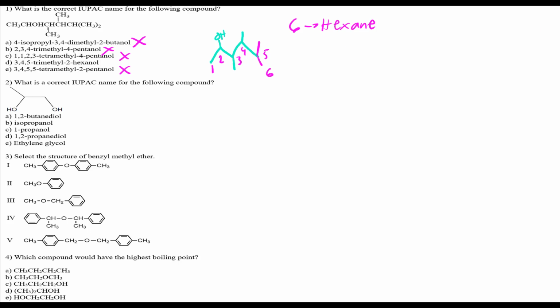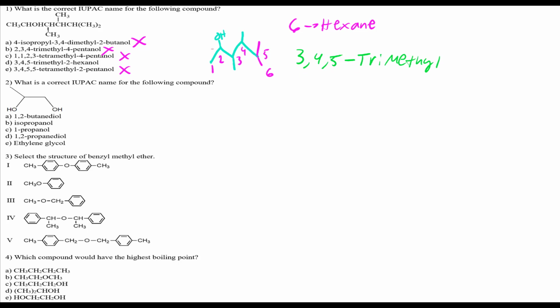So we can say that we have a methyl on 3, a methyl on 4, and a methyl on 5. Therefore, we have 3, 4, 5. Now notice I have 3 things right there, and it's the same child, a methyl. So therefore, we can say tri, that means 3, methyl. Okay? And now we're done with the children.